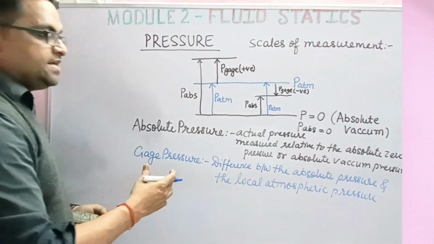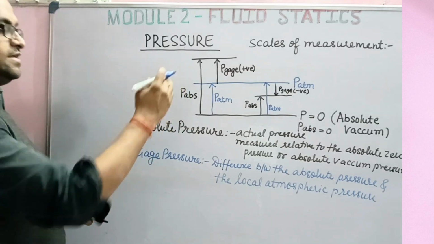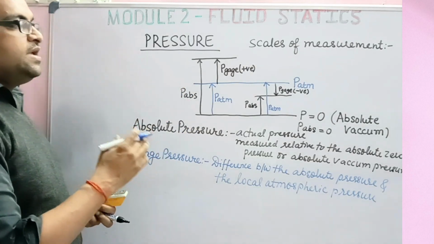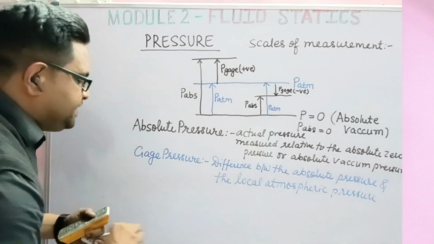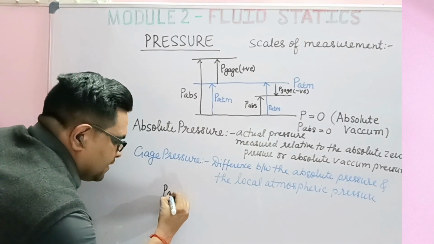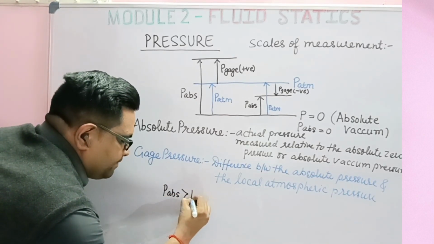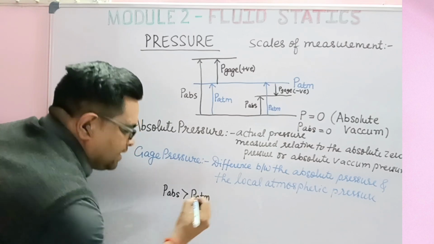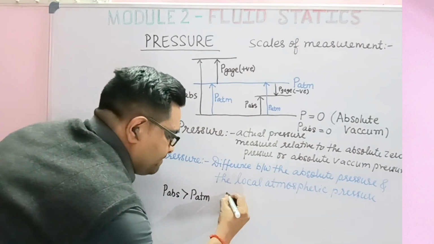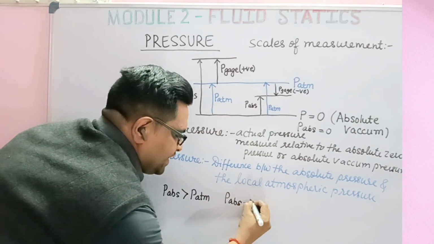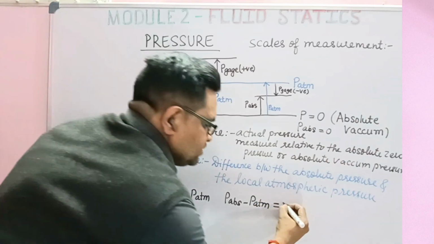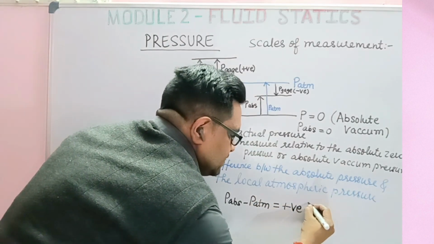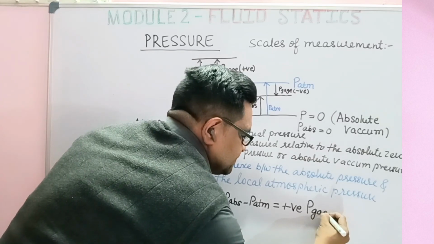Now this gauge pressure is of two types, as we have already discussed. First is the positive gauge pressure. When we have P absolute greater than P atmospheric, then the difference P absolute minus P atmospheric is what is called the positive gauge pressure.